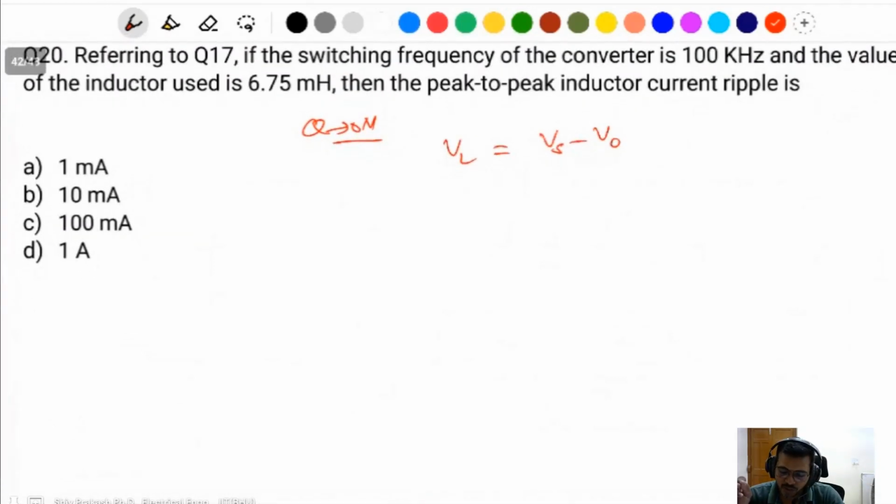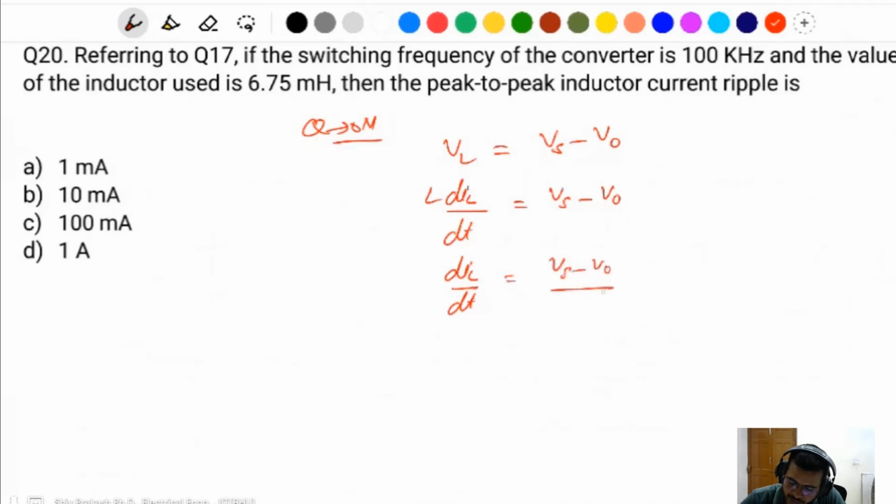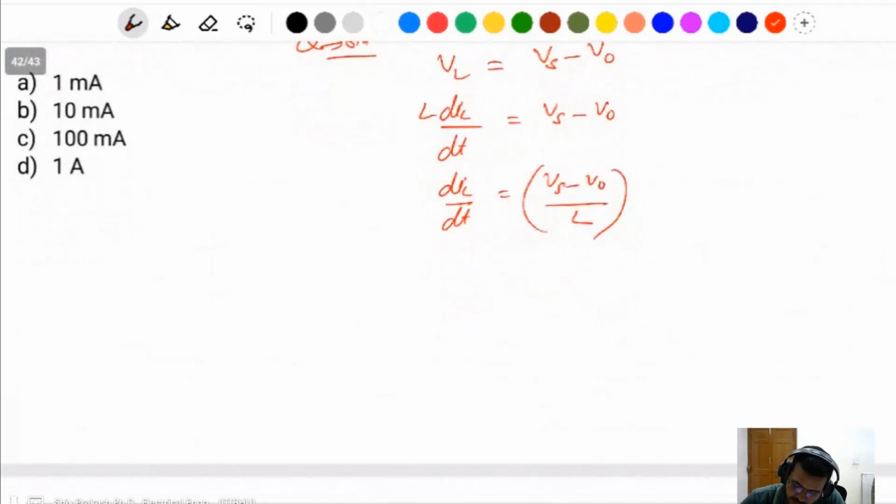Then, to calculate the peak to peak ripple current, first find the on voltage, VL equal to Vs minus V naught. You can calculate it by the off voltage also. Then VL is equal to L dIL by dt, which is Vs minus V naught. Then dIL by dt is equal to Vs minus V naught divided by L. Then dIL is equal to Vs minus V naught divided by L into dt.